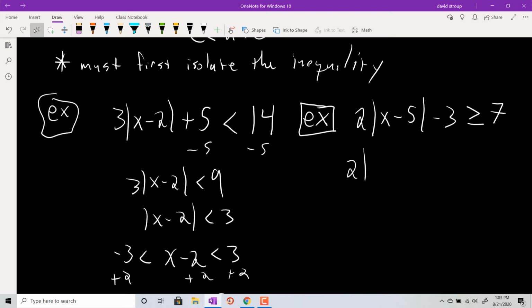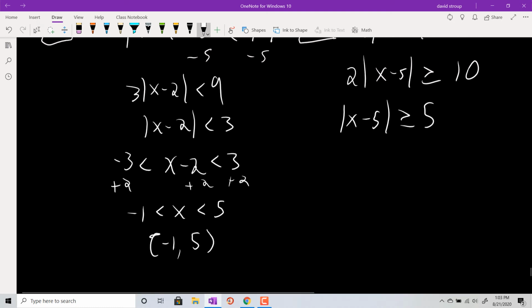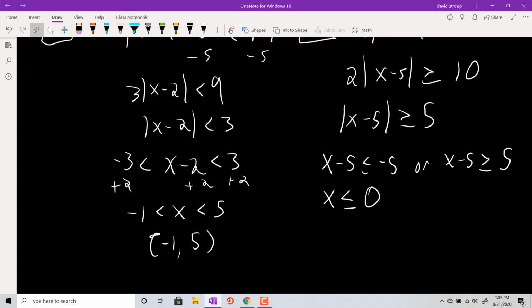Okay, so 2 absolute value x minus 5 greater than or equal to 10, and then divide both sides by 2. Absolute value x minus 5 greater than or equal to 5. And then you could split it up into your two inequalities. So x minus 5 less than or equal to -5, or x minus 5 greater than or equal to 5. And so here I add 5 to both sides, x less than or equal to 0, or here I add, x greater than or equal to 10.